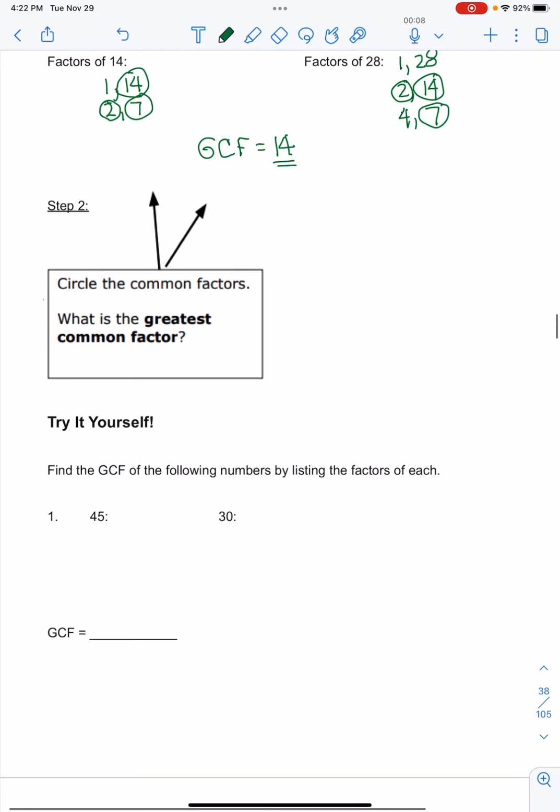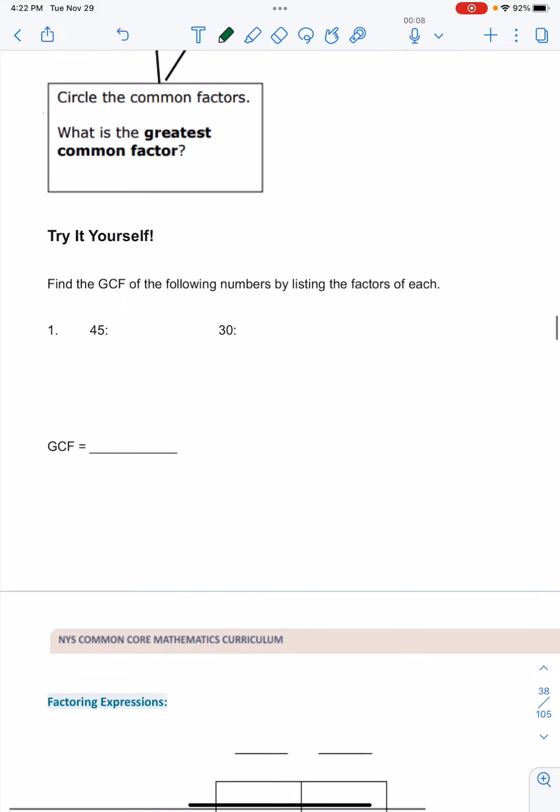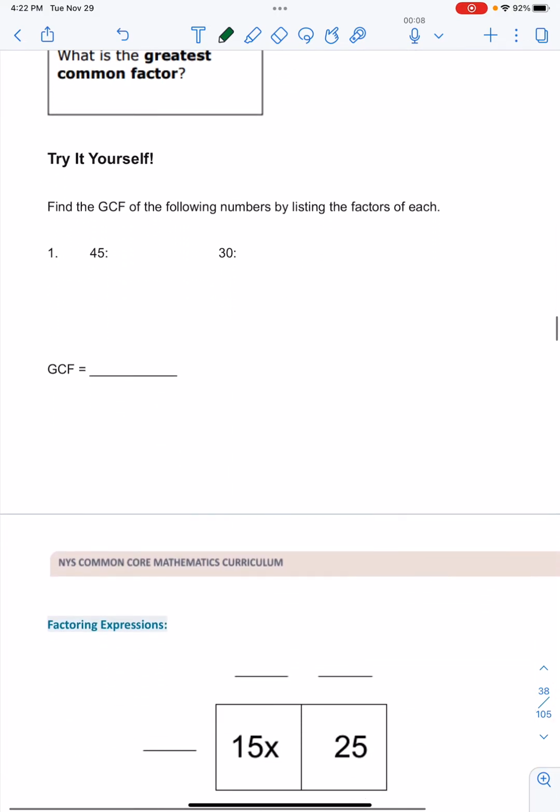So to try yourself, it says find the greatest common factor of the following numbers by listing the factors of each. So for 45, we have 1 and 45, 3 and 15, 5 and 9.